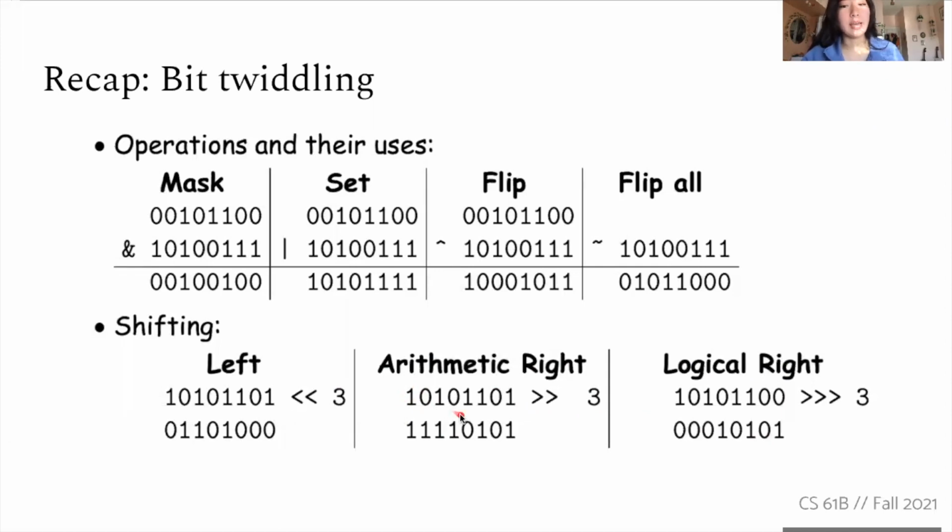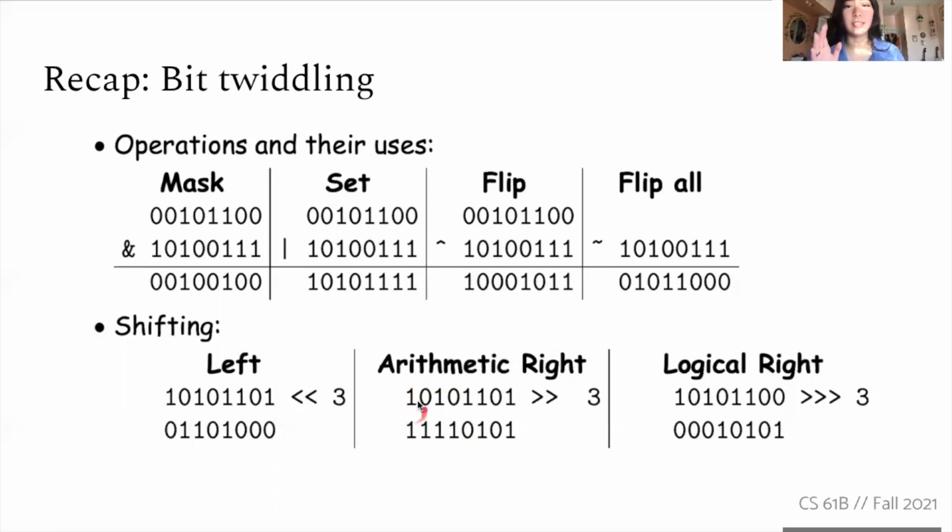And so if this was an 8-bit number, for example, so this is the whole number, it's not an integer, which is 32, then this is our sign bit. And with an arithmetic right shift, if we shift right by 3, we're going to bring in a copy of the sign bit. In this case, it's a 1. So we bring in 3 1s, and then the rest of the number is shifted down, right?